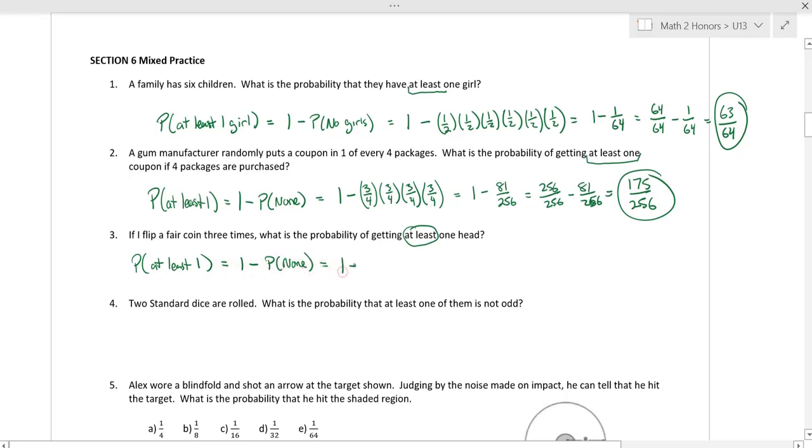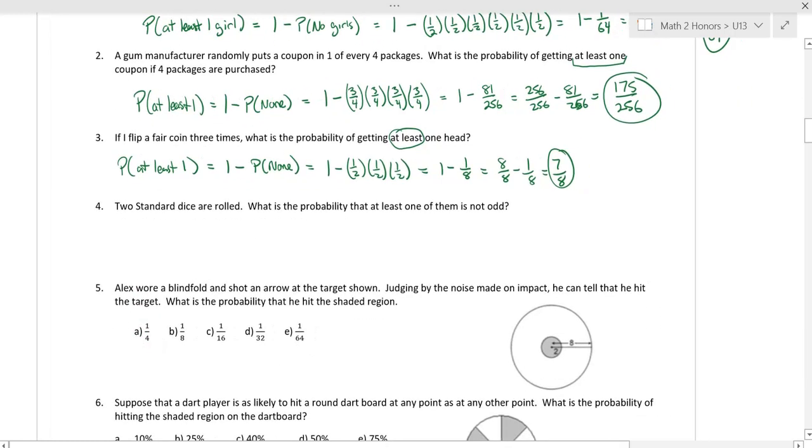So 1 minus, so we're going to flip the coin 3 times. So 1/2 times 1/2 times 1/2, or 1 minus 1/8. So we get 7/8 as an answer.